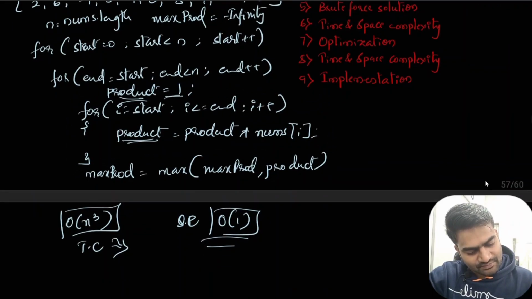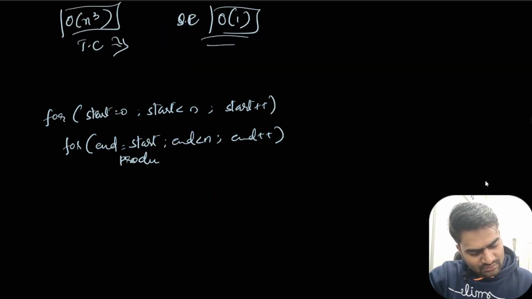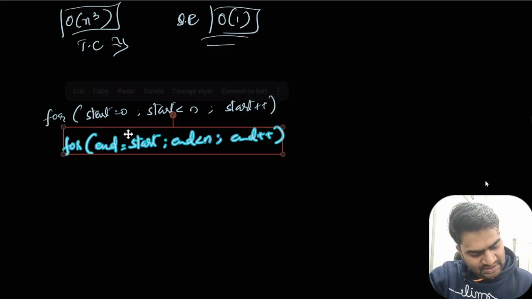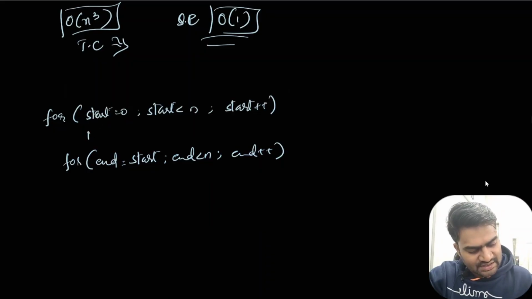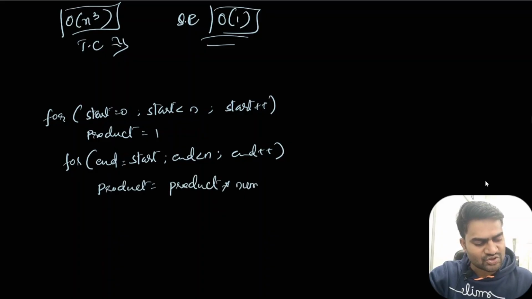I will copy these two loops. Okay, I will paste them here. So now what I will do, I will move this a little bit down. Now I will say my product equal to 1. Okay, then here inside, product equal to product into nums of end.